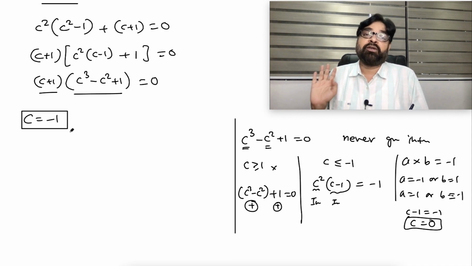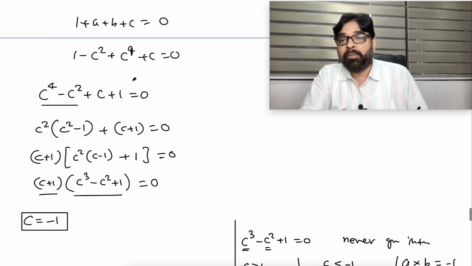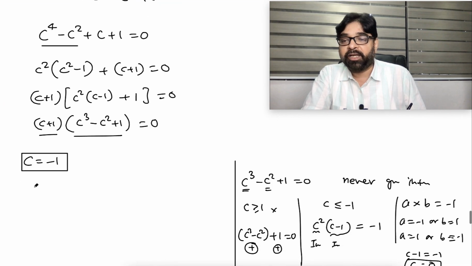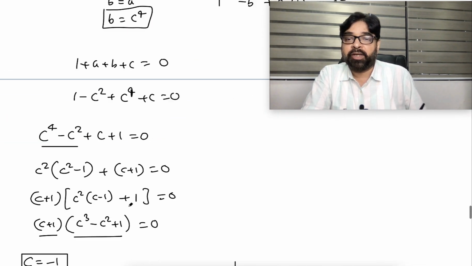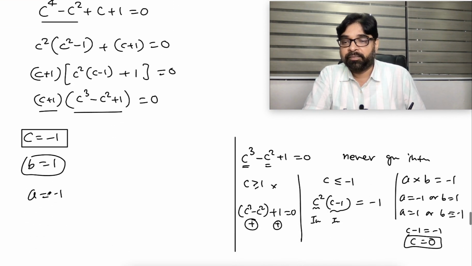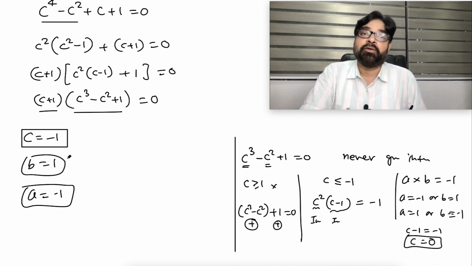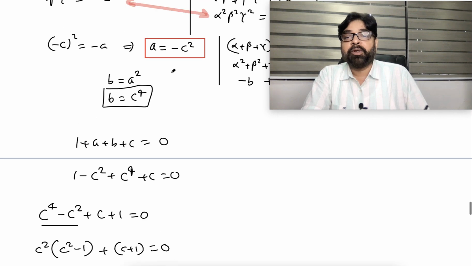The only possible value is c equal to minus 1. With c equal to minus 1, I will put it here, b equal to 1, and I will put it here, a equal to minus 1. Question over. a equal to minus 1, b equal to 1, c equal to minus 1. Put it here.